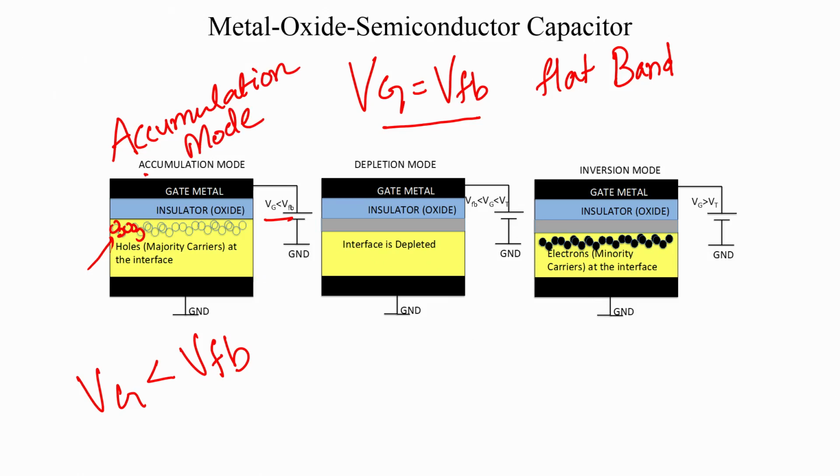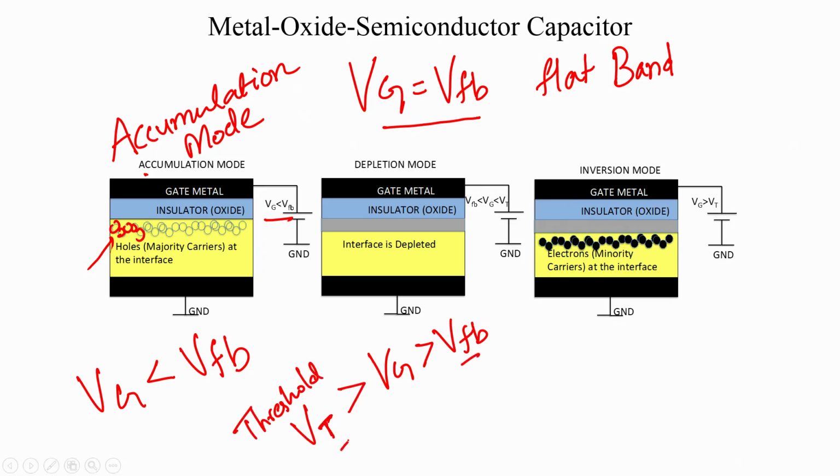And then let us say we start making Vg greater than Vfb, but still less than Vt. Vt is our threshold voltage. So, Vg is sitting somewhere between Vfb and Vt.